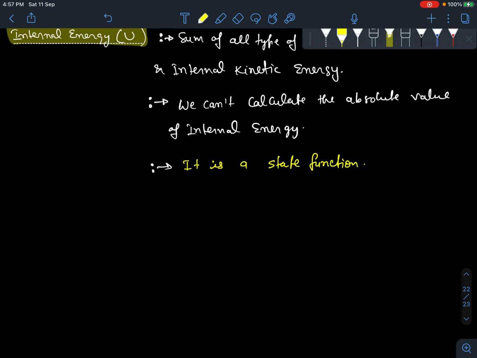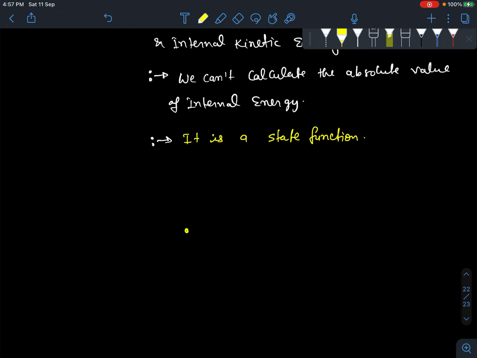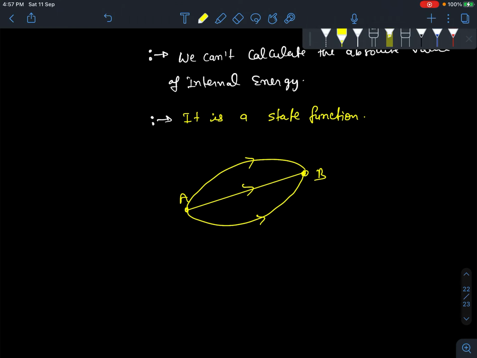The moment I say state function, it means suppose in a process you are at initial state A and final state B, and you are adopting different pathways. You are reaching here, then you are reaching like this, then like this, right? So if states 1 and 2 are fixed, my dear, delta U1 must be equal to delta U2 must be equal to delta U3.